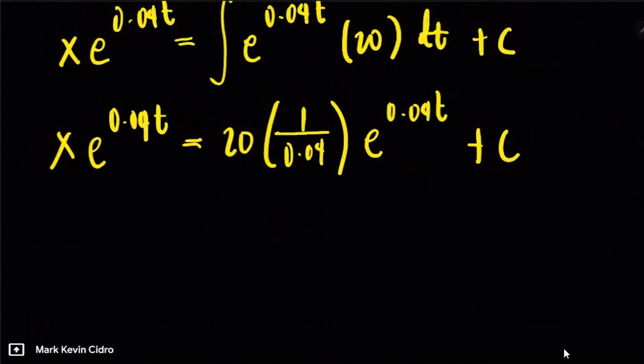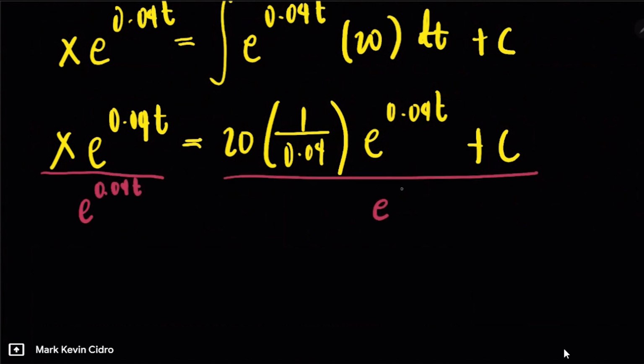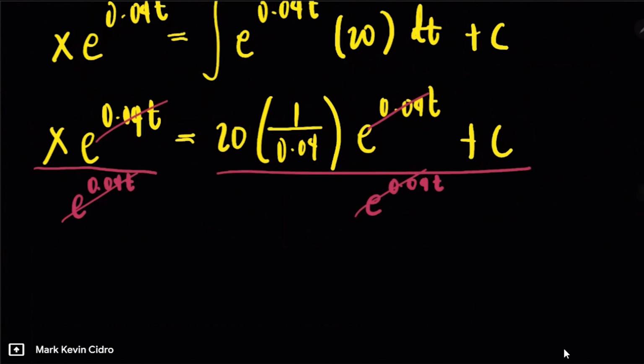Before anything else, let us simplify. So x is equal to, dividing both sides by e raised to 0.04t, the e raised to 0.04t will cancel out, but there is a denominator.